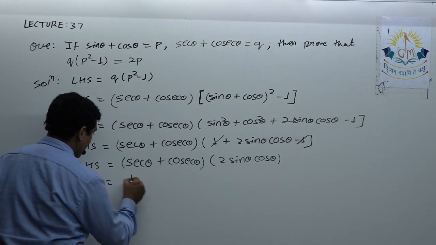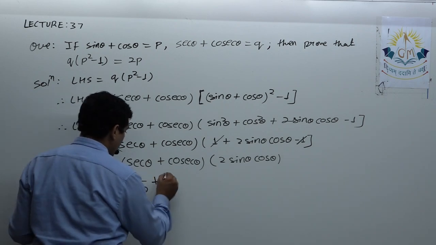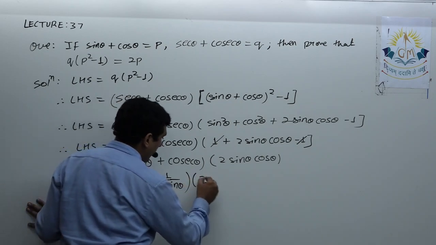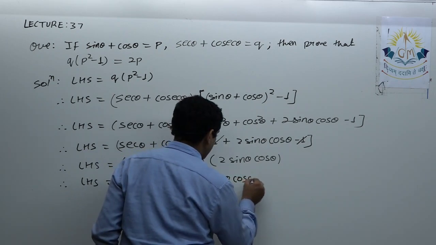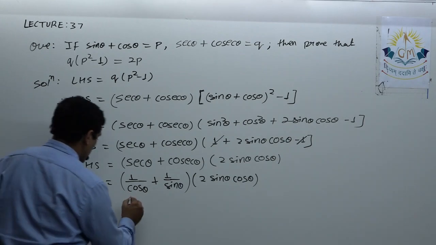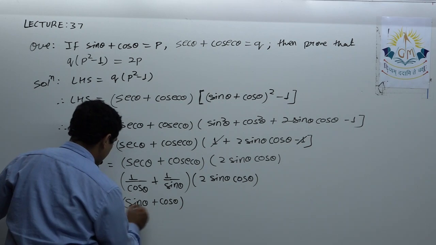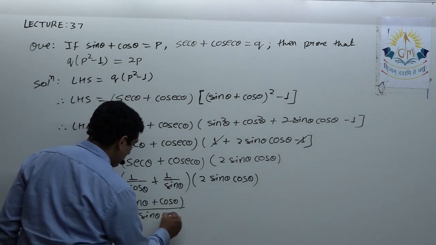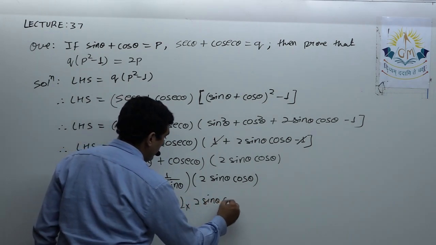So this I can write in terms of sine theta plus cos theta. Therefore, LHS is equal to this divided by, multiplied by 2 sine theta cos theta.